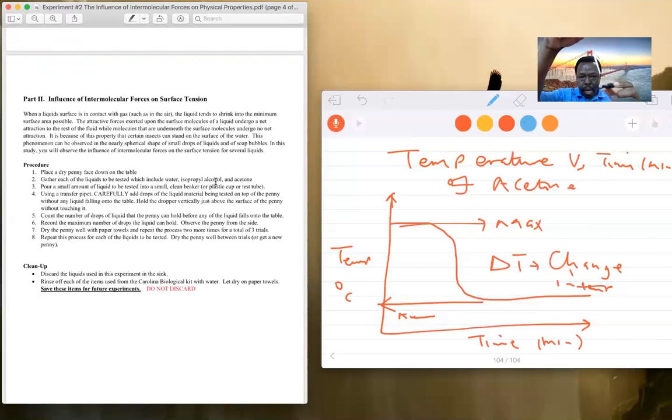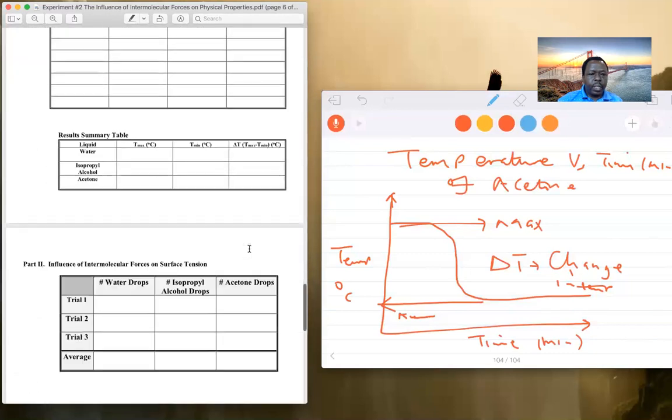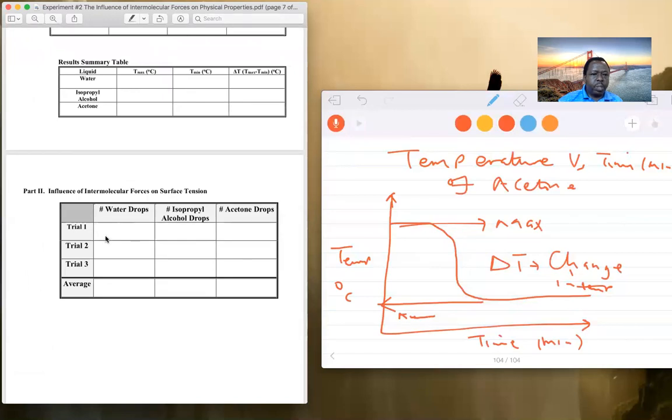I'm just going to count how many drops of liquid a penny can hold before any of the liquid falls out onto the table. So you will count and record how many drops on the data sheet. Here, how many drops: trial 1, trial 2, trial 3, and then you find the average. You'll do it for isopropyl, and then for the others.